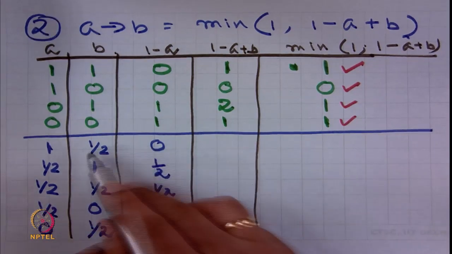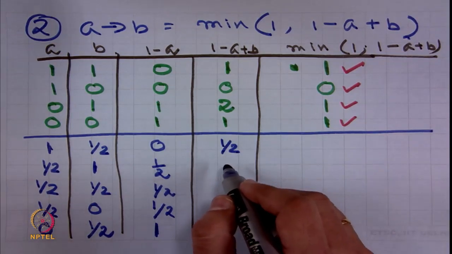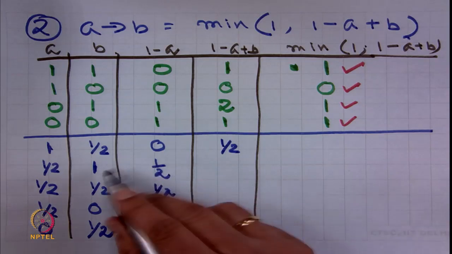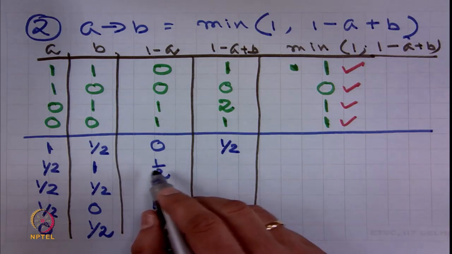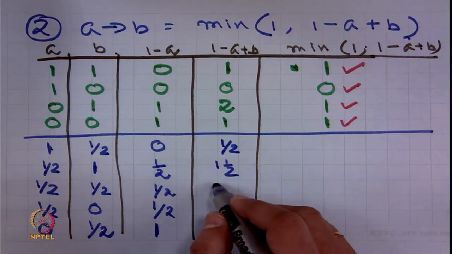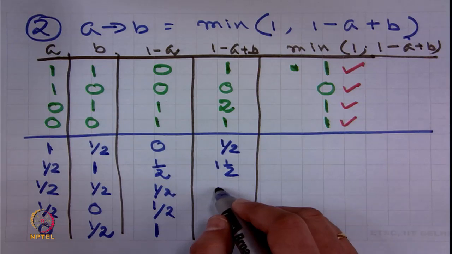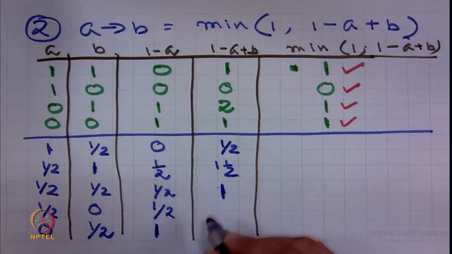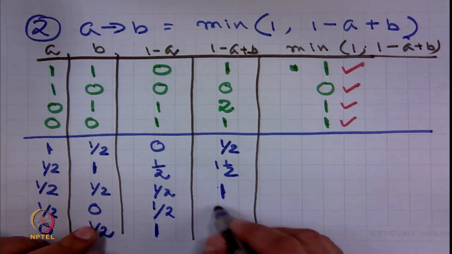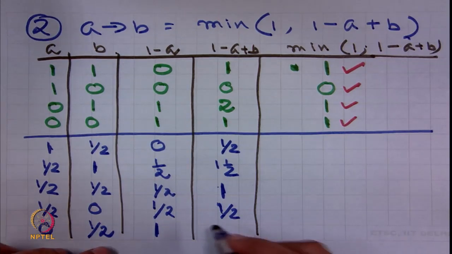Therefore, 1 minus A plus B is equal to half, 1 minus A plus B is equal to 1 and half, 1 minus A plus B is equal to 1, 1 minus A plus B is equal to half, and 1 minus A plus B is equal to 1 and half.